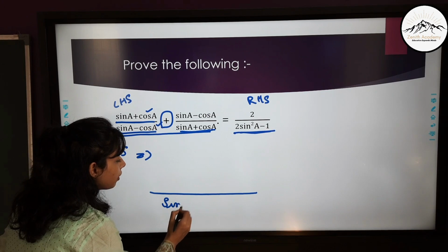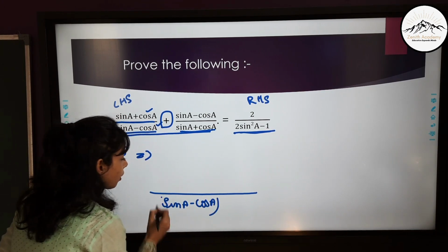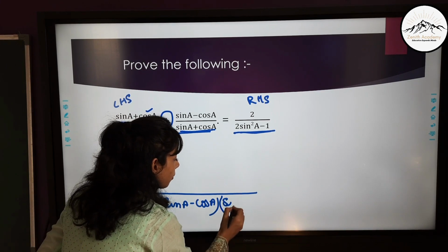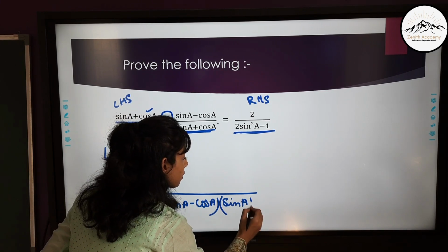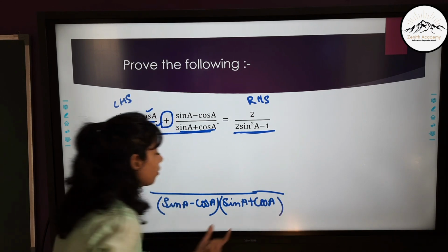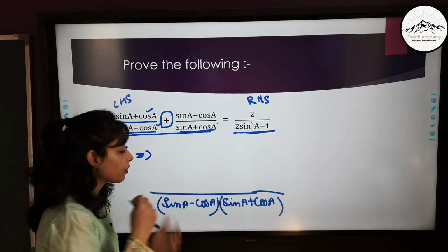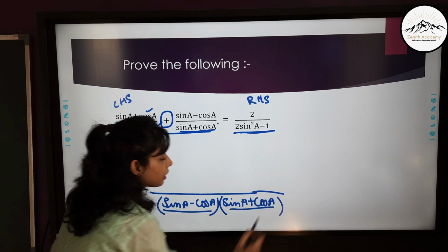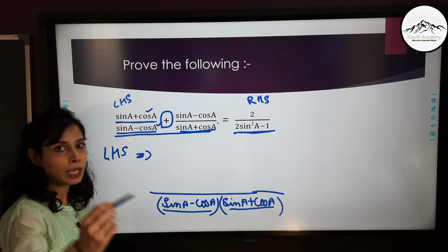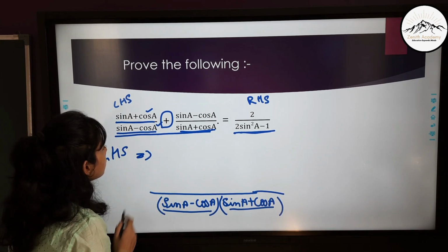So this will be sine A minus cos A into sine A plus cos A. When I am writing this, you should immediately recall what this property is, A minus B into A plus B. So we write the numerator first.